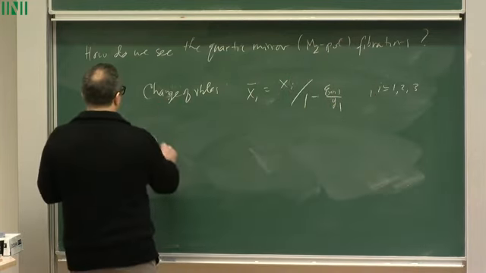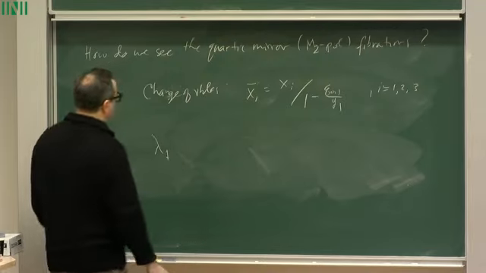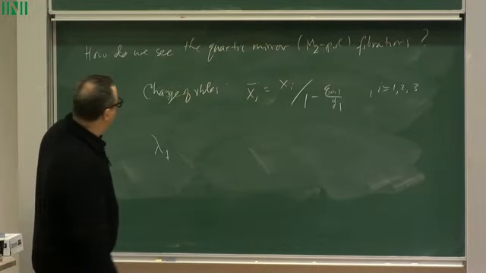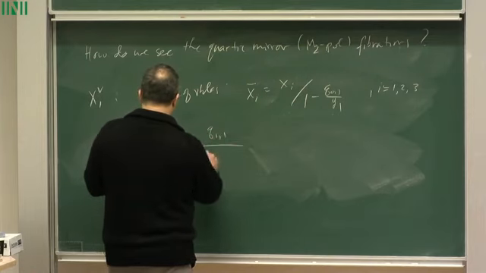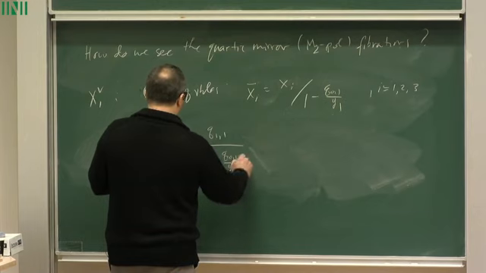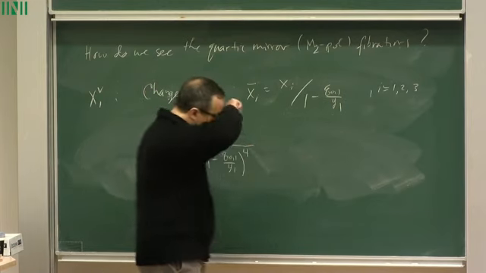And then lambda 1, the generalized functional invariant for this family, just becomes Q11 over 1 minus Q01 over Y1 to the fourth.